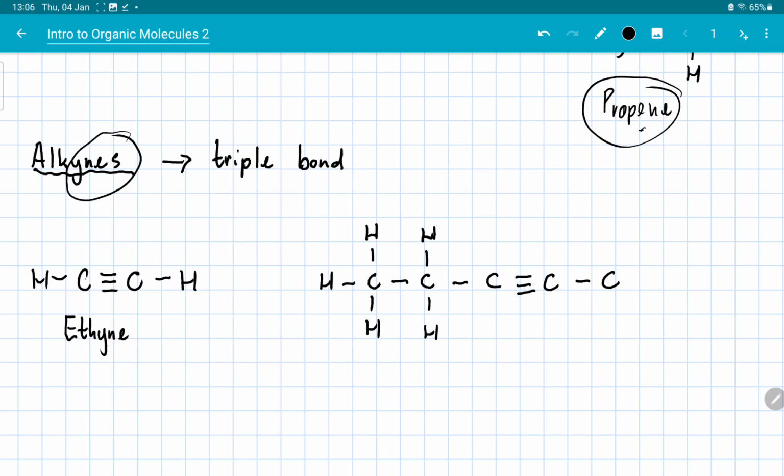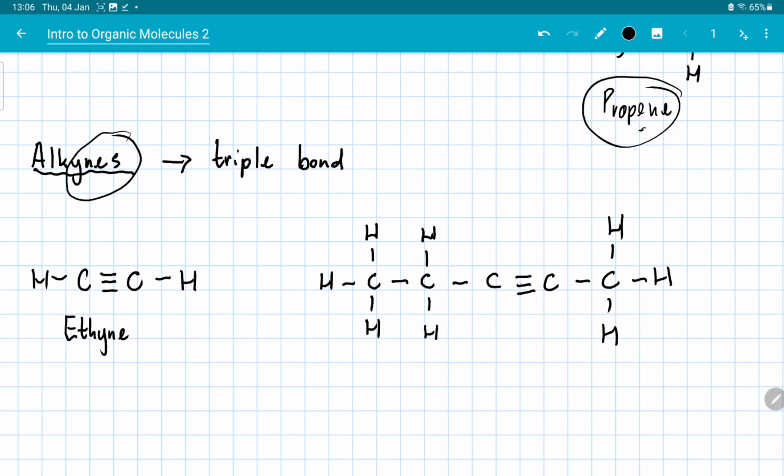Now, why is it complete? Because there are 1, 2, 3, 4 bonds for each carbon. You always want the hydrogens to fill the remaining bonds, and you have to follow the rules. So we only put hydrogens here. This is how you correctly draw this molecule.